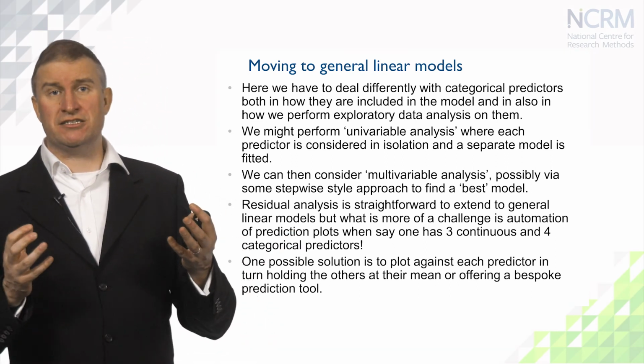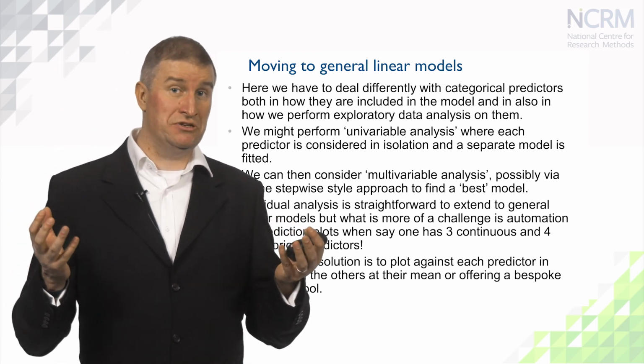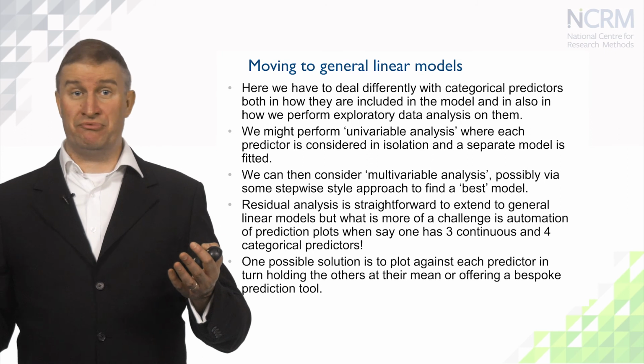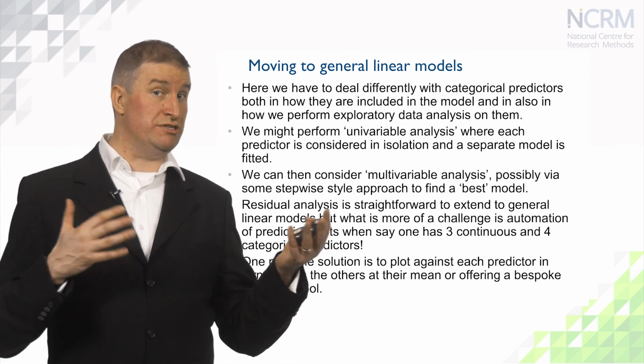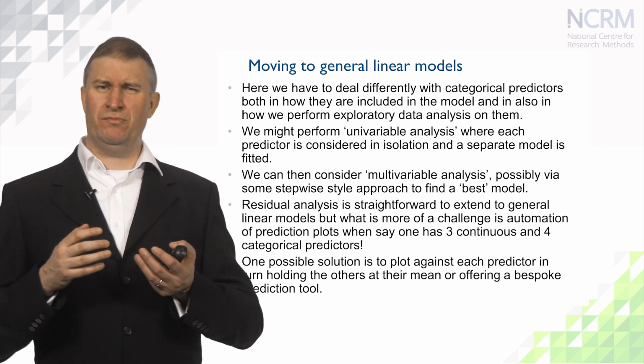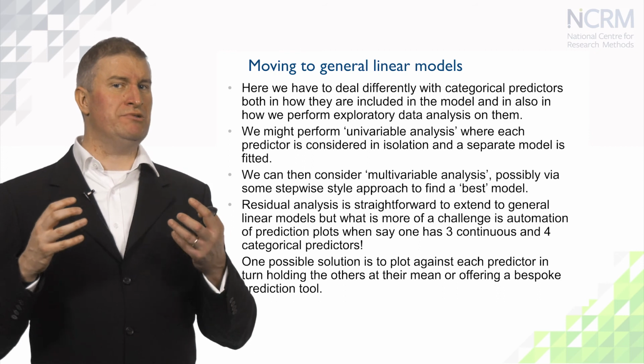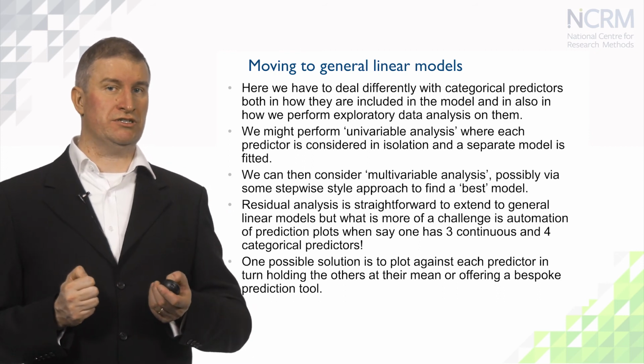We have created such an SAA, and some things we've found are easy to extend. Residual plots are pretty similar if you've got one predictor or more than one, whereas prediction plots are somewhat less straightforward. You have to think what to do about the other predictors when you construct your prediction plot.